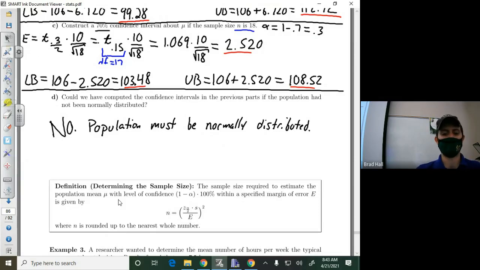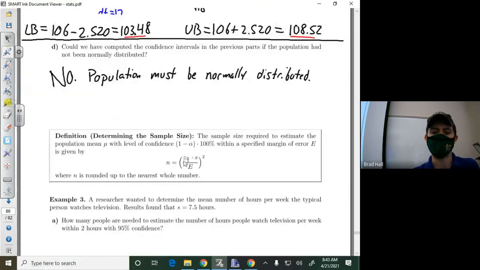So notice this is pretty much the formula that we had above in a sense, but we're solving for n. And notice there's also a z. The z is back. And there is a reason why that I'm not going to get into, but it's no longer a t there. There is intentionally a z there. So that's a z-score now, which means we would use inverse norm like we did in the previous section.